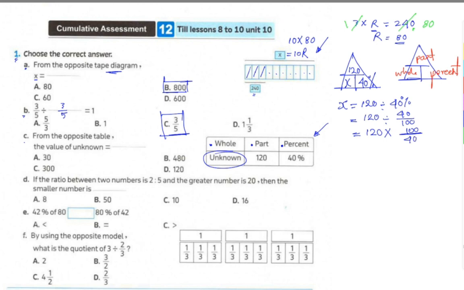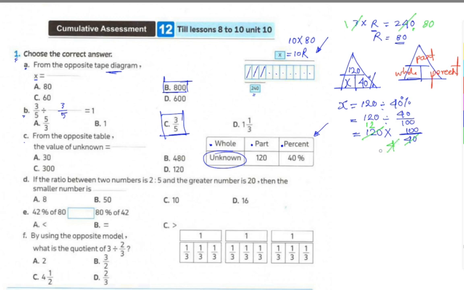Now I need to simplify first. I can simplify 40 with 120. First, divide by 10: 40 over 10 equals 4, 120 over 10 equals 12.